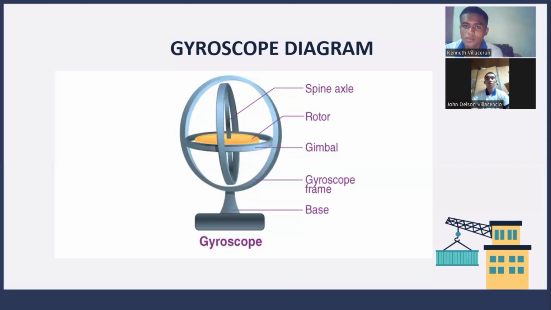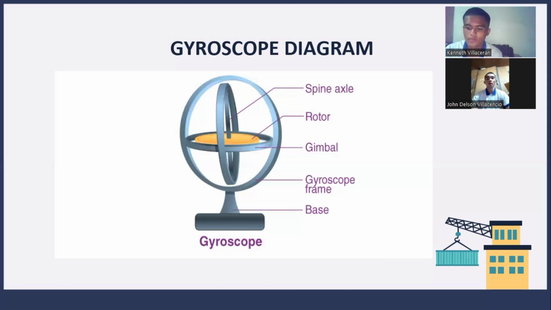Next, we have the gyroscope frame. This is the outer ring of the gimbal system. It's usually mounted on a base and it provides support for the inner gimbals and the rotor. The way the gyroscope works is that when the rotor is spinning, it resists any force that tries to change its orientation.